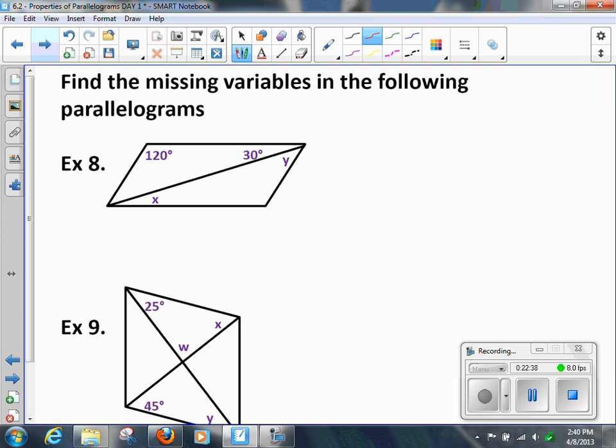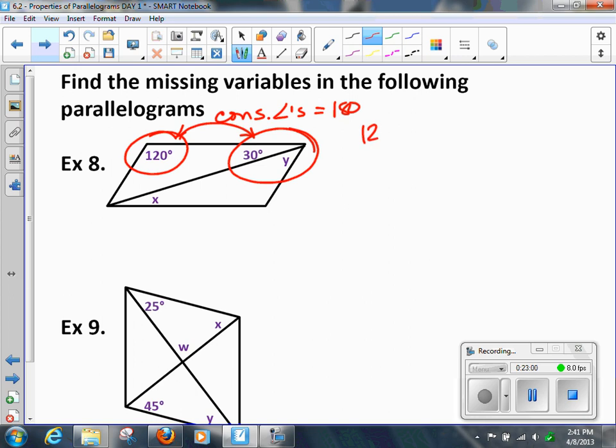If you think of consecutive angles, then those are consecutive angles. Do you guys agree? What do consecutive angles equal? 180 degrees. Write this down. You can do this problem a couple different ways. I'm going to go this way first. I know that consecutive angles equal 180.